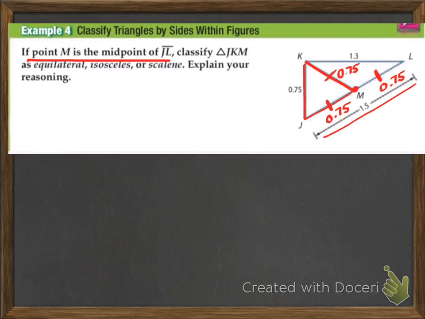So now if we look at the triangle that I highlighted, JKM, each side length is 0.75 units in length. They are all the same. Right? We have an equilateral triangle.